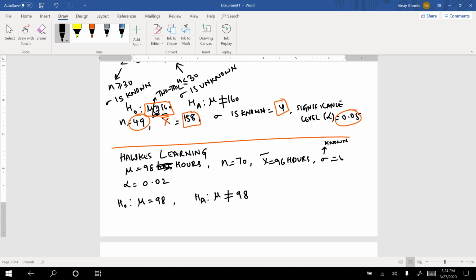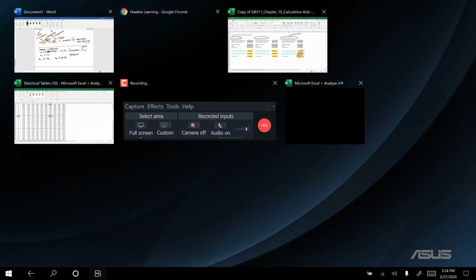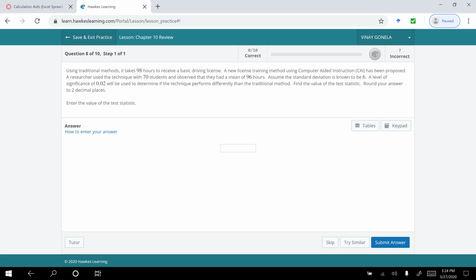That's the reason, because they said perform differently. When they say differently, you can disprove on both sides of the normal distribution curve.